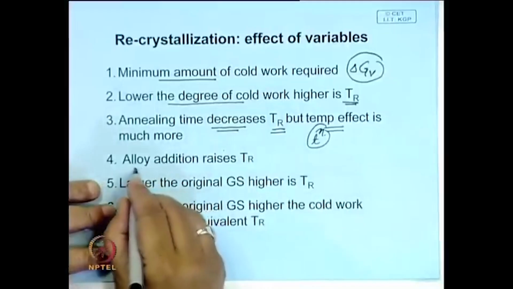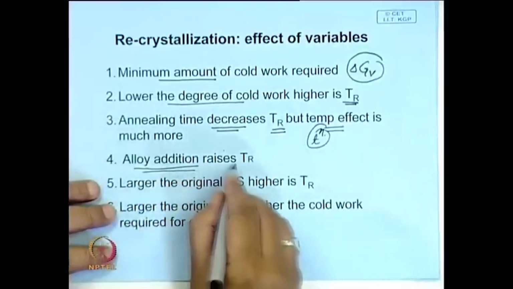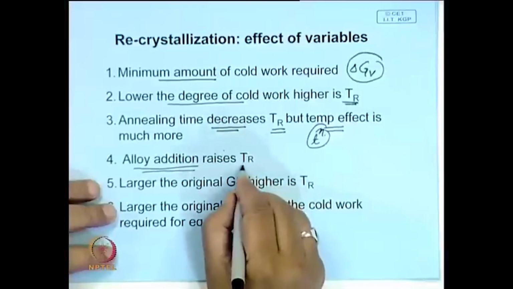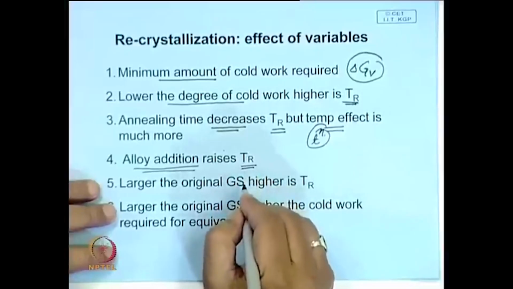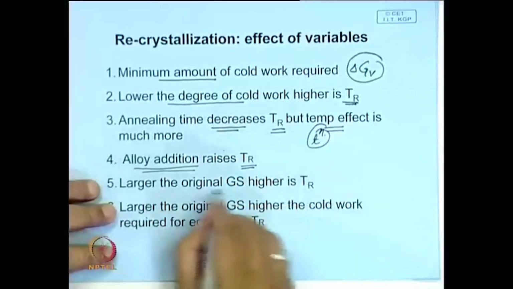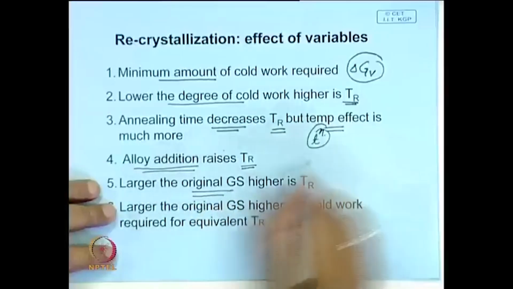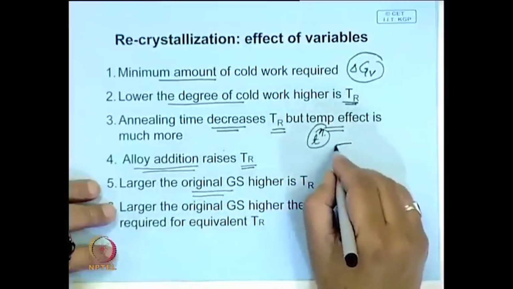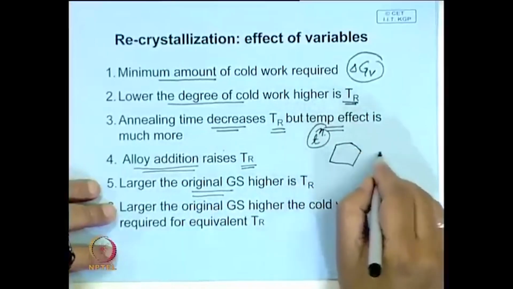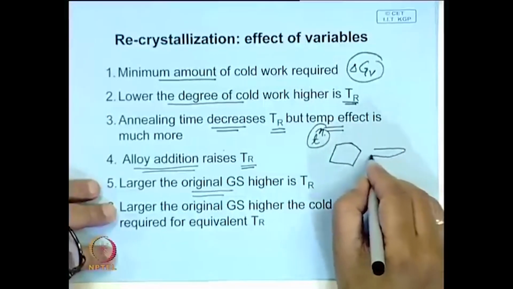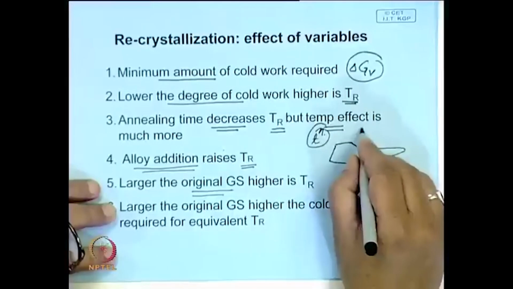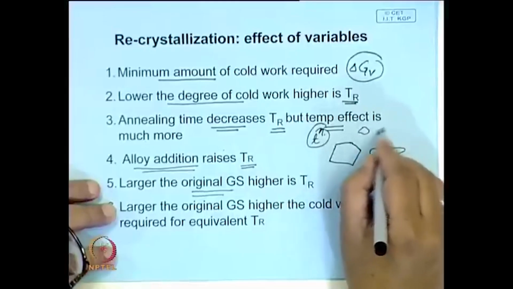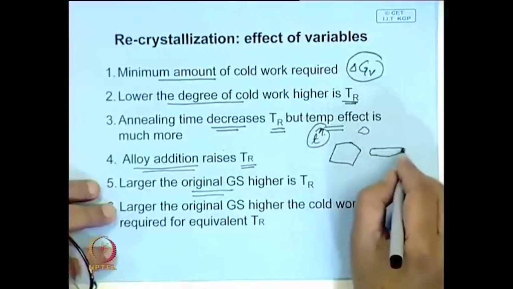Alloy addition: if you add alloying elements, then the material becomes stronger, and its recrystallization temperature goes up. Then larger original grain size: if the grain size is very large, then whenever you cold work, the grain boundary area of course increases, but if you have a finer grain size, the area increase will be much more.